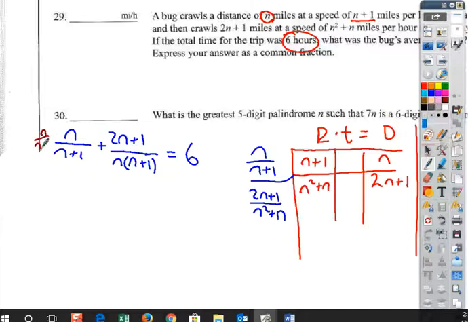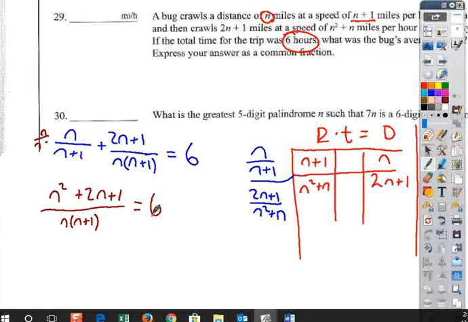So that gives me n squared plus 2n plus 1 all over n times n plus 1, and that is equal to 6. That's what I've done so far.